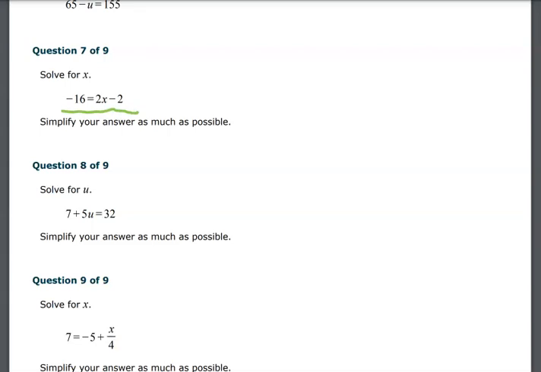Again, this is a two-step equation. Again, I want to rewrite it: 2x minus 2 equals negative 16.